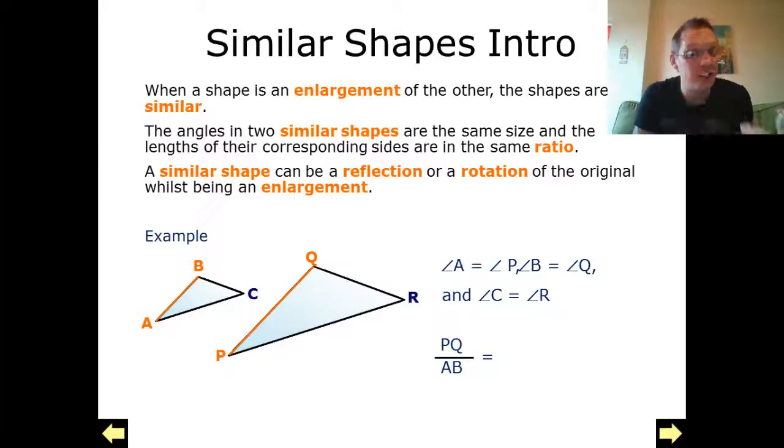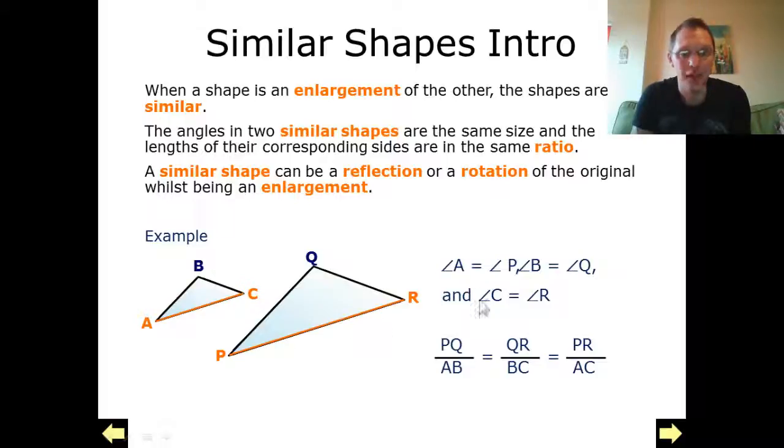Now this is where the ratio part comes into play. If we were to divide length AB and length PQ, the ratio is going to be equal to if we were to divide QR by BC, or the ratio between them is going to be equal, and the exact same for AC and PR.